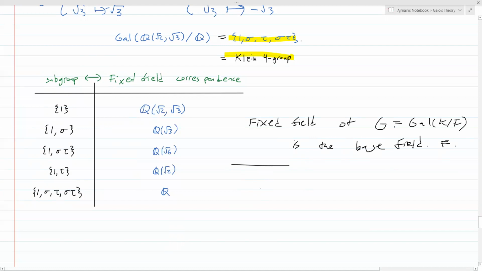Notice in the case where you had the extension Q adjoin cube root of 2 over Q, this is not a Galois extension. And what is the fixed field here?